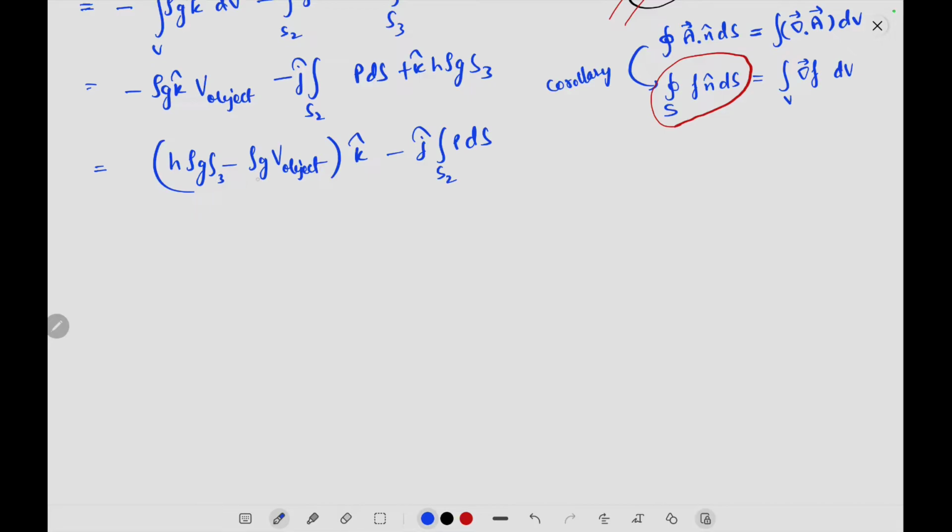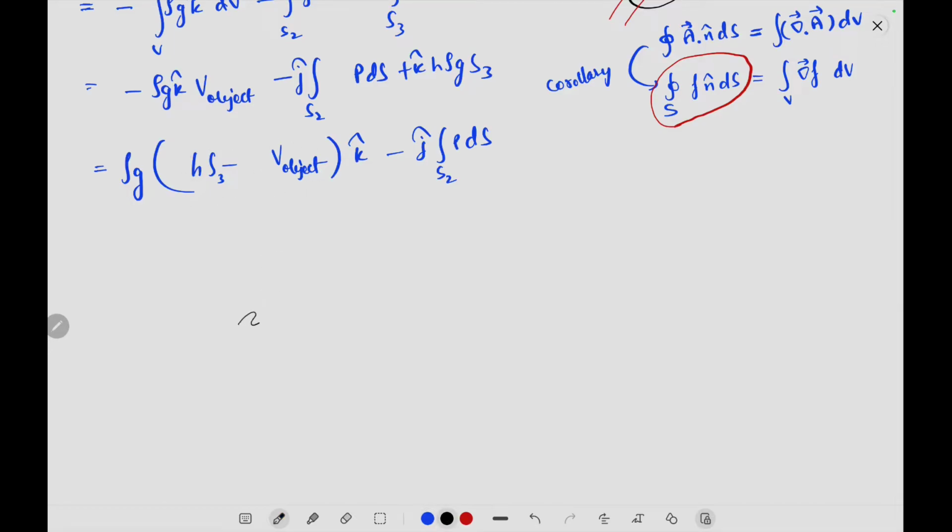Now we can take rho g common from both these terms. So this expression would look like this, right? Now think carefully, what is h S3 minus V object?